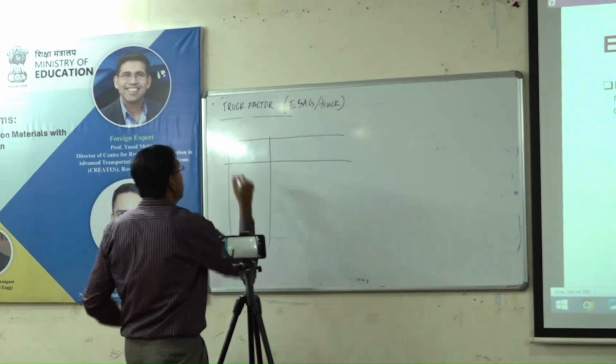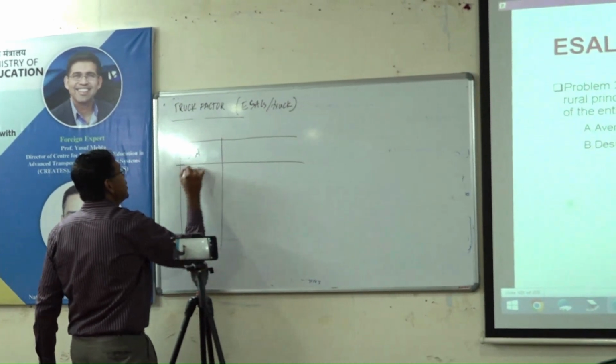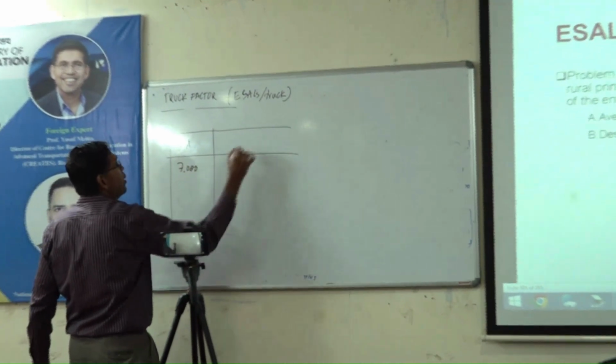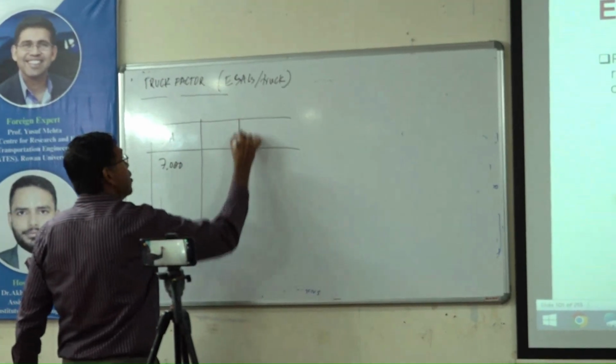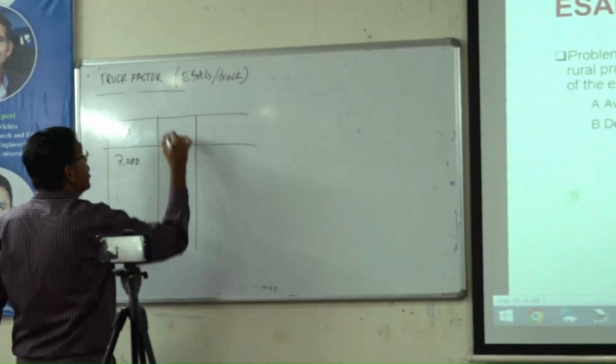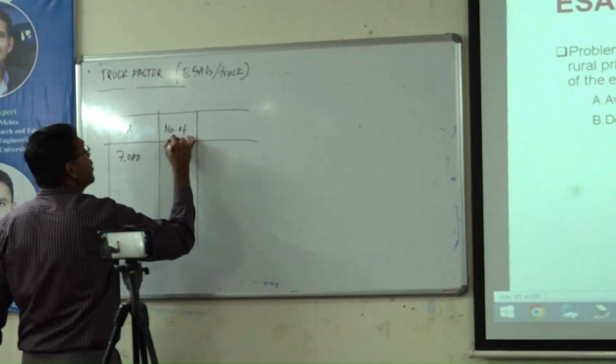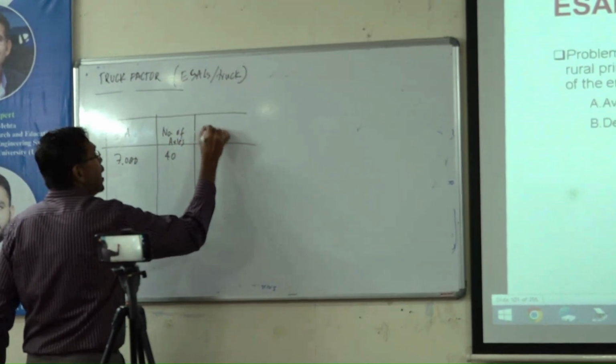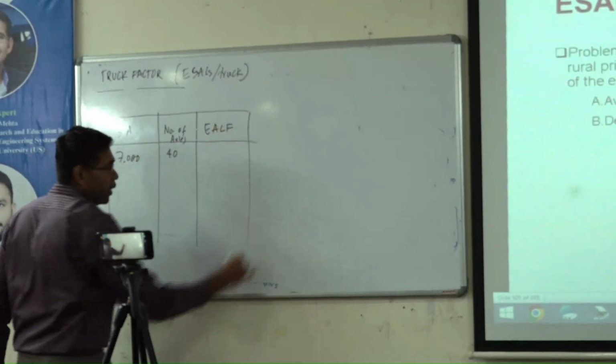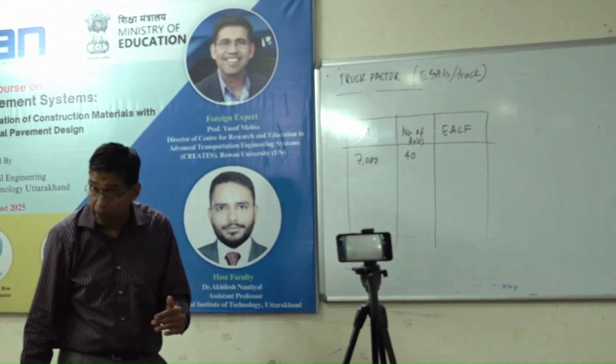Now let's go with this table. Single axle, 7,000 pounds, and the number of axles was 40. I have to get the EALF from that table. I have to convert everything to 18-kip single axle, if you remember correctly.